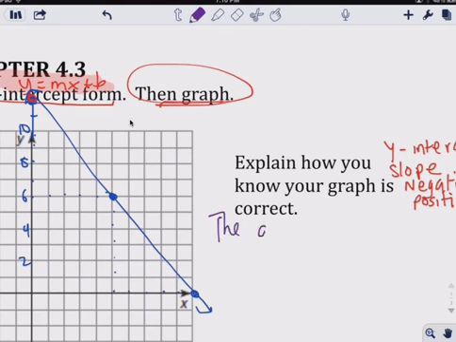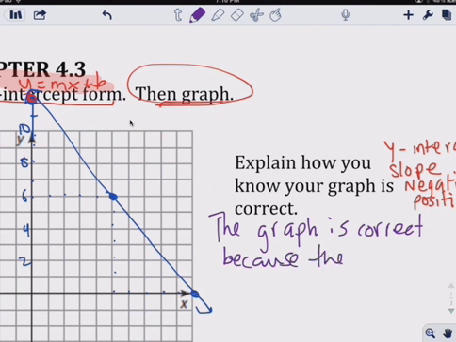The graph is correct because the y-intercept is 12.